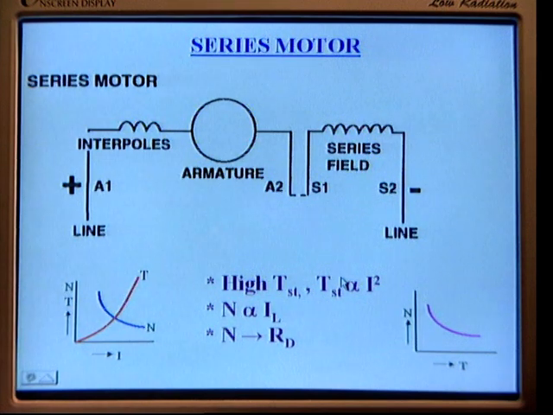The general characteristics of the series motor are high starting torque, which is proportional to the square of the current, and the speed depends upon the load current. The speed can be varied by using a diverter resistance. These are the characteristics of the series motor we know.